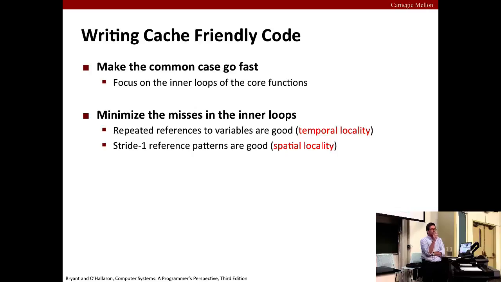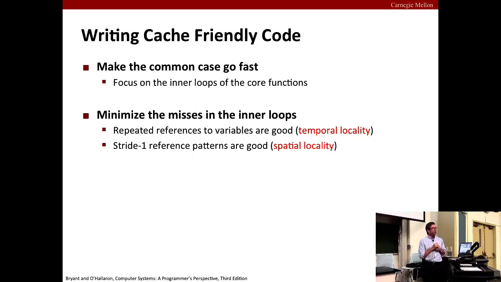Right? So as a first approximation, you can just ignore stuff. If you have nested loops, you can ignore stuff that's going on in the outer loops and just focus on the code in the inner loop. Now what you want to do is try to minimize the misses in the inner loop. Okay, so repeated references to variables are good, especially if those are local variables.